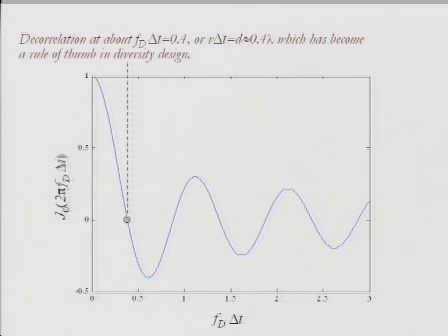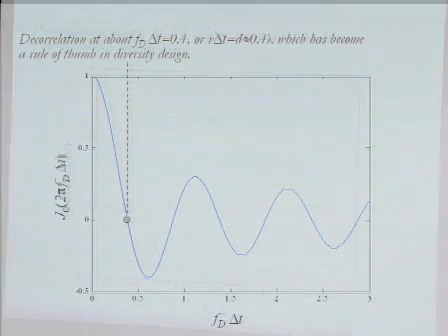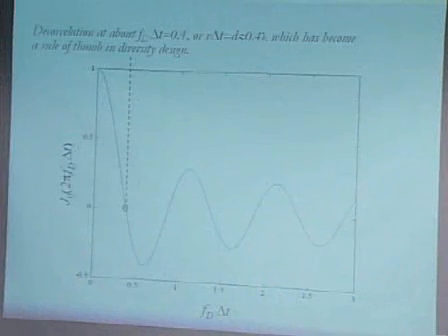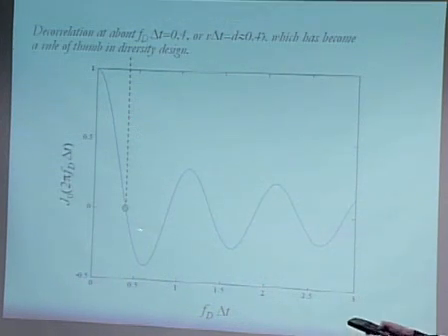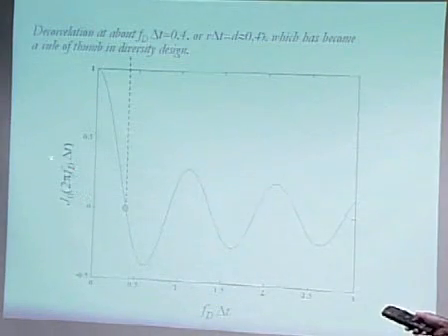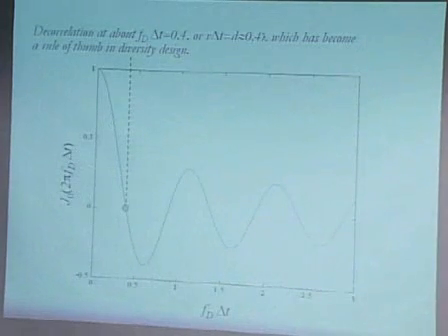For example, I did this plot myself using MATLAB. Takes just a couple minutes. And it's in blue over here, so it's a ripple function. This is the Bessel function of 2 pi f_d, which is the Doppler spread, times delta t. And I plotted it here as a function of the product f_d times delta t.